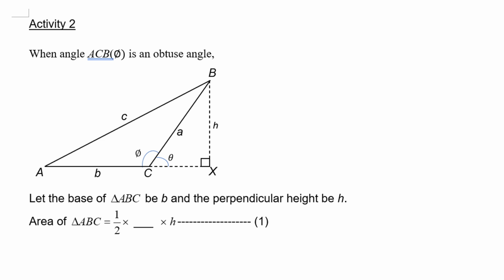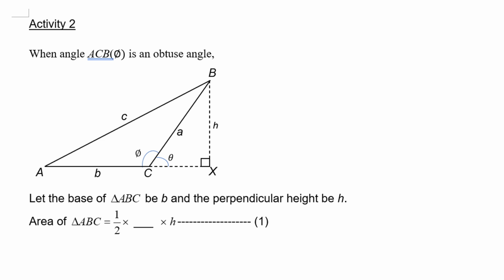Right, so the next question we should be asking ourselves is, the formula that we have just derived, half AB sine phi, is it applicable to find the area of an obtuse angle triangle? This is what we're going to do in activity 2. Here we're given an obtuse angle triangle where the angle ACB is an obtuse angle and it's labeled as phi again.